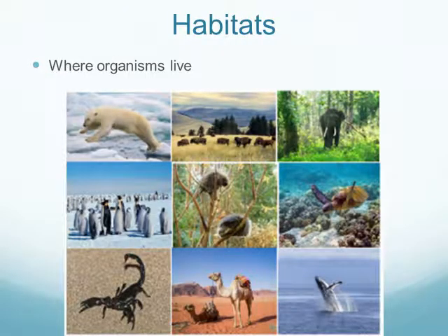So let's look at what that environment component means, because essentially if we are negatively impacting our environment, that means we're affecting all of those organisms that live within that environment. Here are just some different habitats, or where organisms live. You can see here the polar bears are affected greatly by global warming.